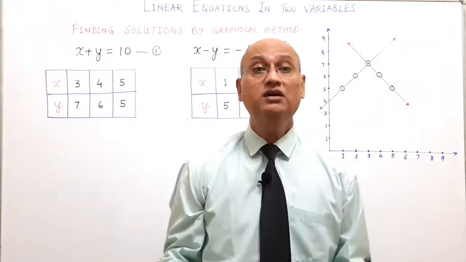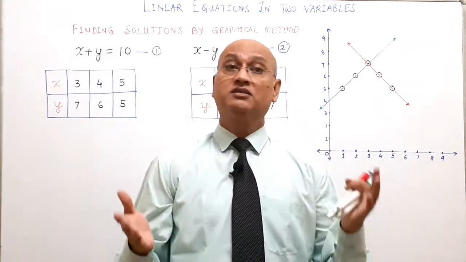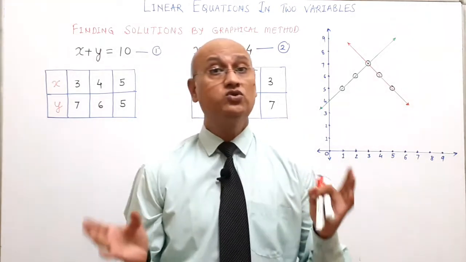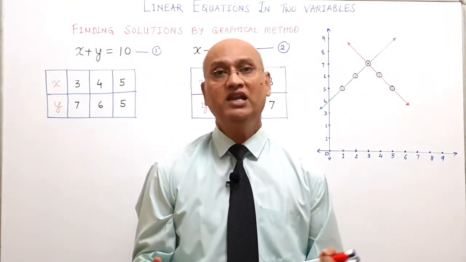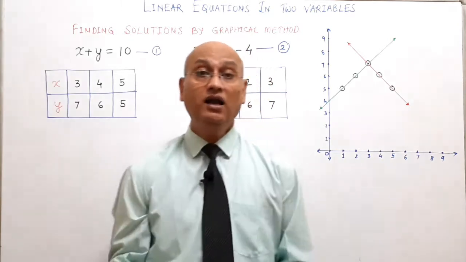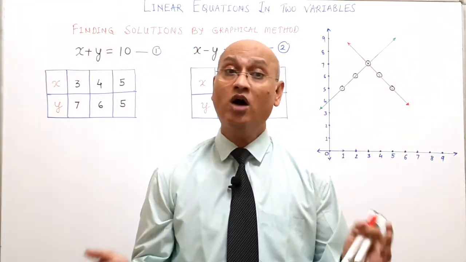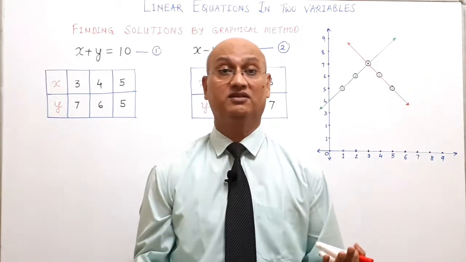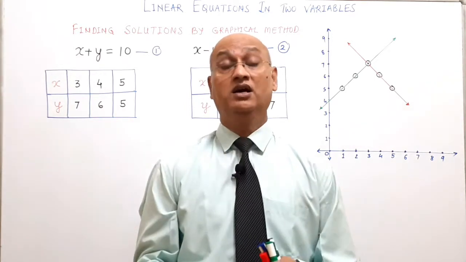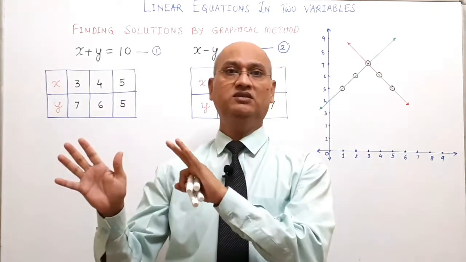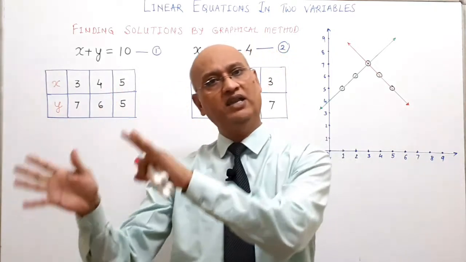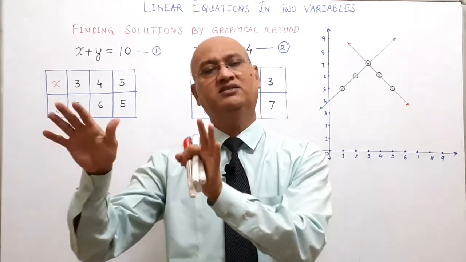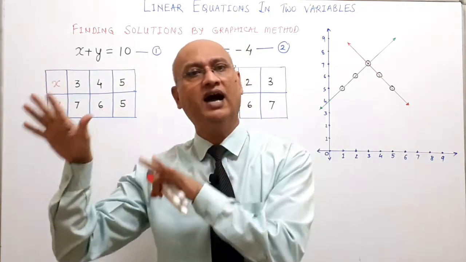Now what we have to start: suppose you are given two equations, both linear equations in two variables, and you have to find a common solution which suits both the equations. Now we have to learn those methods. If one equation is given, you can find infinite solutions related to that equation.